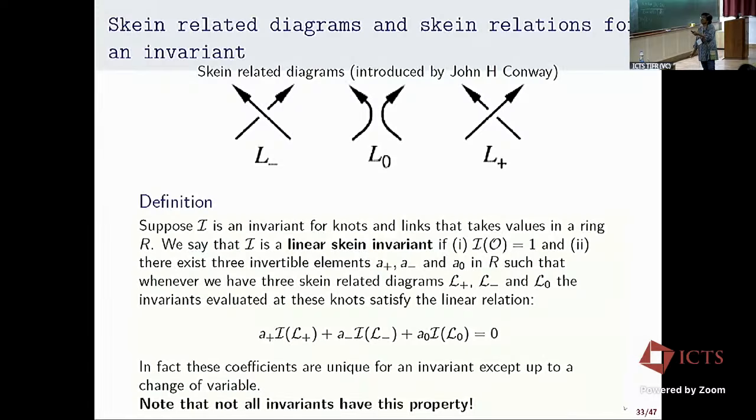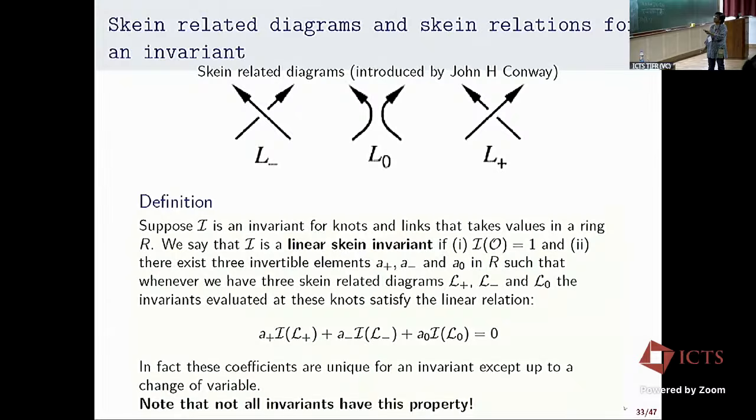Suppose my invariant is taking values in a ring R, and we have 3 invariants, A plus, A minus, A naught, which are invertible, in the sense that their inverses exist, and they satisfy this.